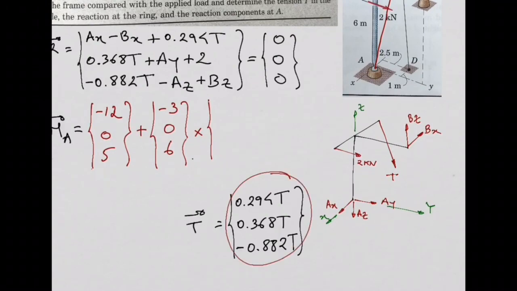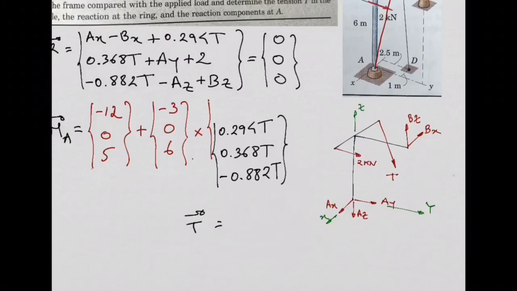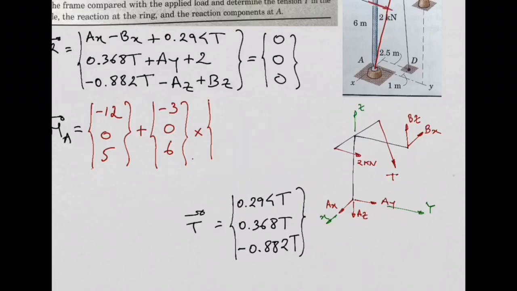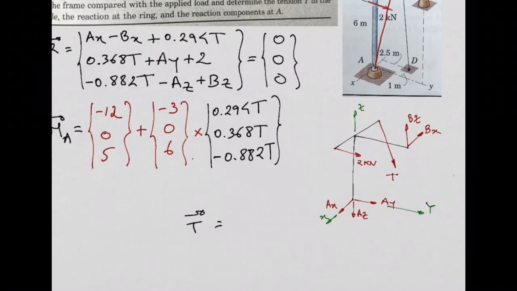So I can just take this force vector T and move it. Before I do that, let me delete this. Okay? And now I just need to do the external cross product, which will give me minus 6 times 0.368T as the x component.